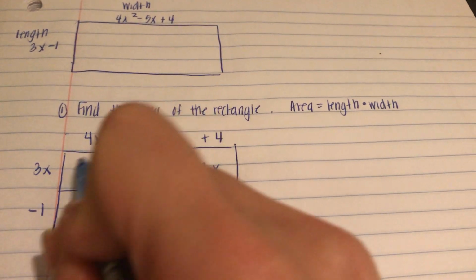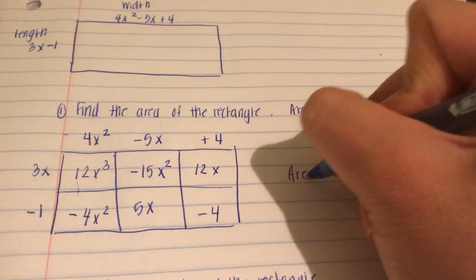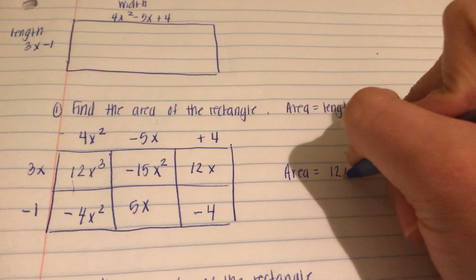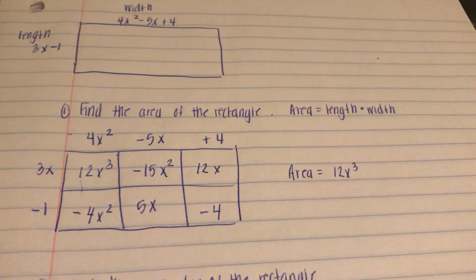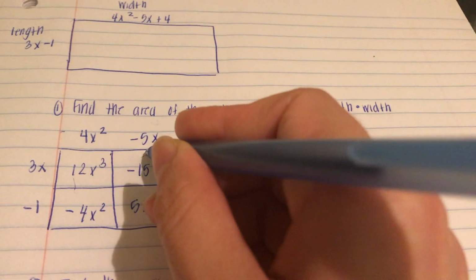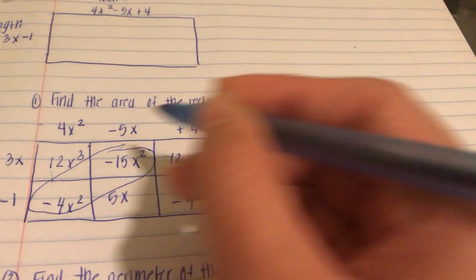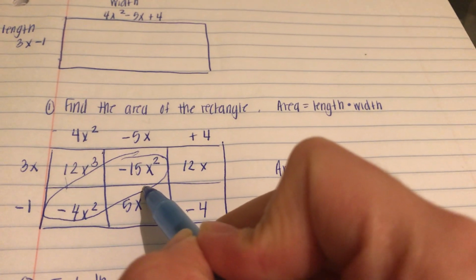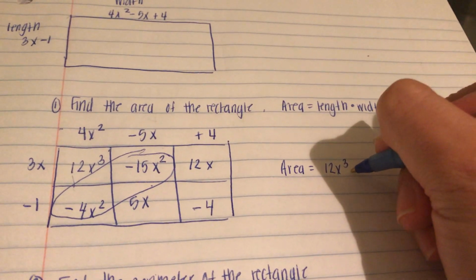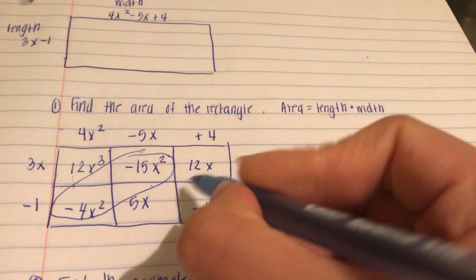We only have one cubic term. I'm going to put out here that that's going to be my area. So I'm going to list out 12x cubed because I don't have anything to combine it with. Now I'm going to combine the squared terms, so these two right here. Negative 15x squared plus negative 4x squared gives me negative 19x squared.